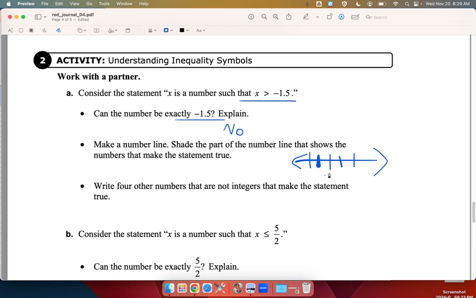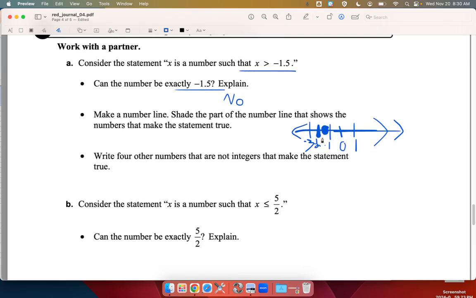So I can go like -1, 0, 1, which gives me this guy as a -2, and this guy's a -3. So from there then, -1.5, well, that dot would go right where -1.5 is, and then greater than -1.5 means we're shading this way. Double arrow means we shaded to the right.